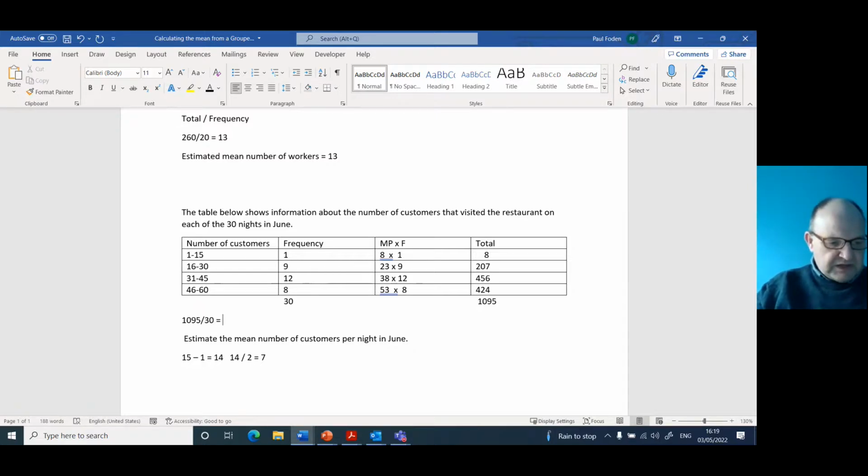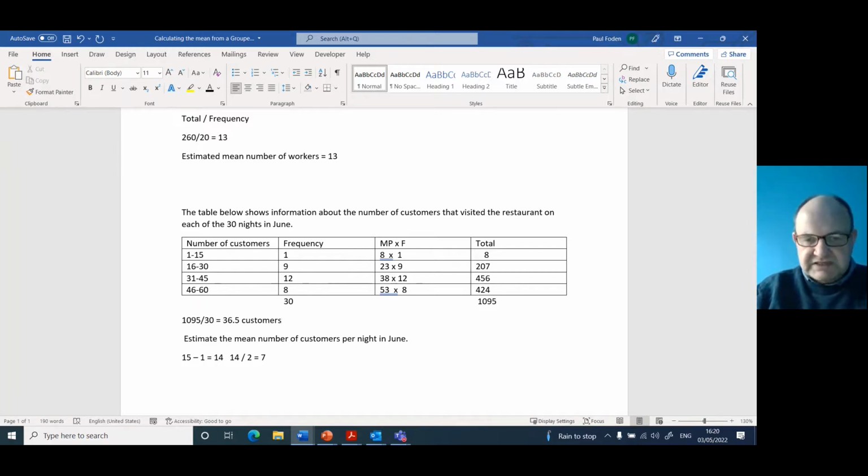We put that on our calculator, and we come up with our estimated mean customers per night, which is 36.5 customers. It's an estimated mean, so we're going to have 36.5 customers per night as our mean.